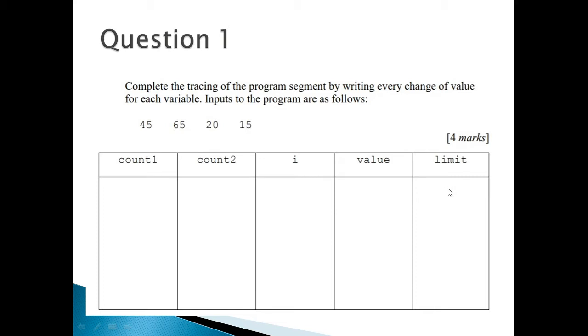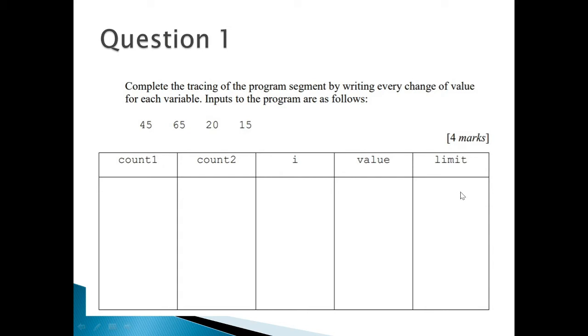Because we need to press enter: if I pressed enter after 4, it would be 4 and 5, but here we type 45 and then press enter, and then we get the other input, which is 65. So the first one is 45 and 65.